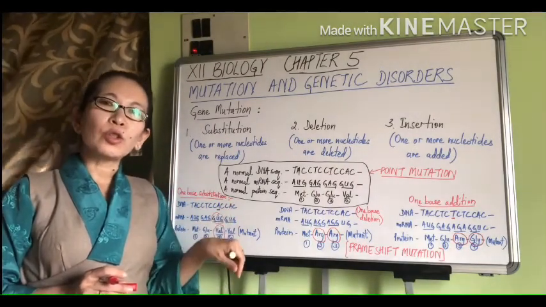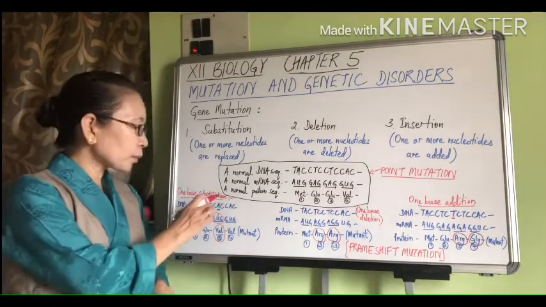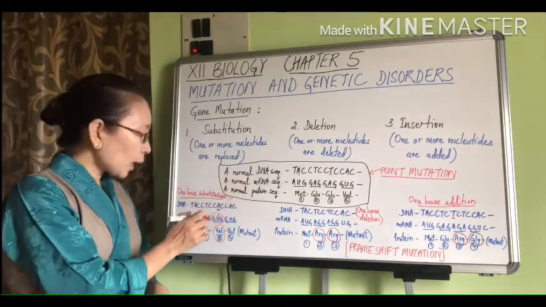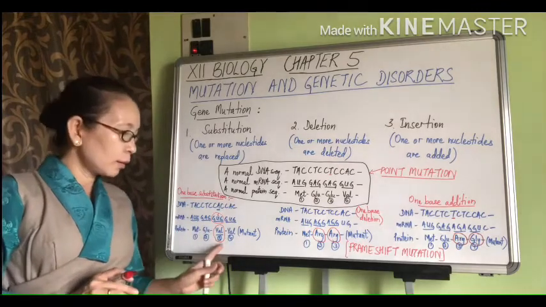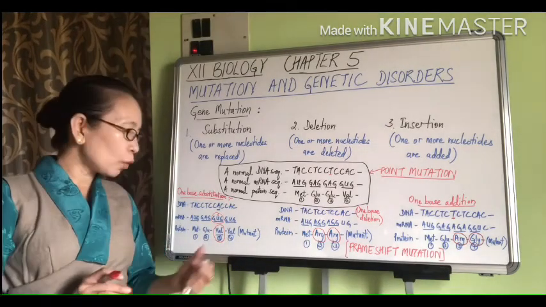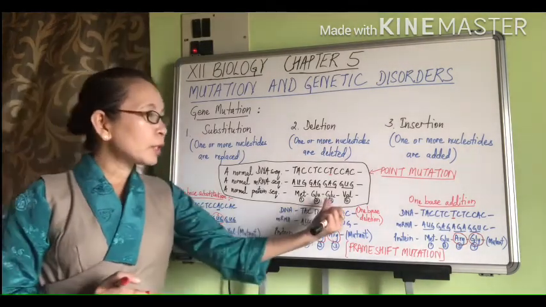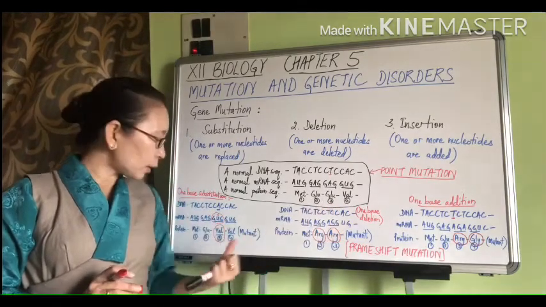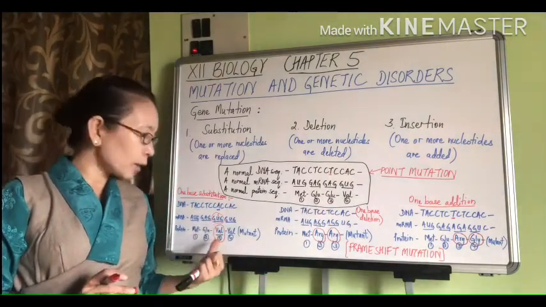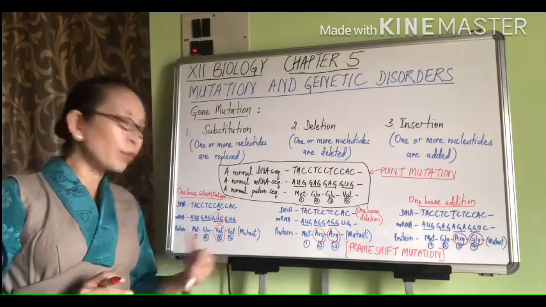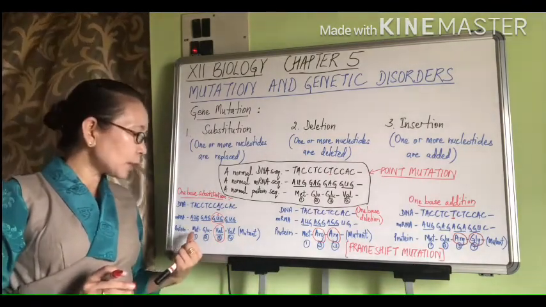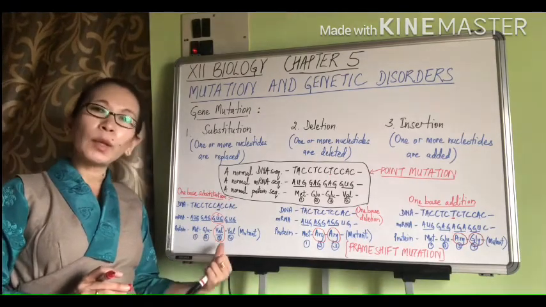And this substitution in the DNA has resulted also in an effect on the amino acid sequence. So instead of GLU, here in the third codon GUG is now coding for VAL. So now the sequence of amino acids has become MET, GLU, VAL, VAL.